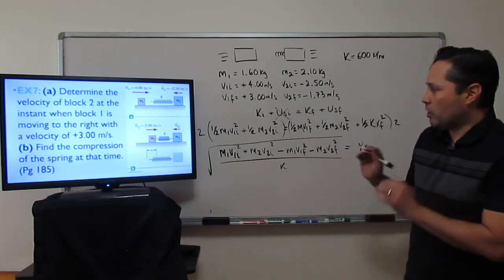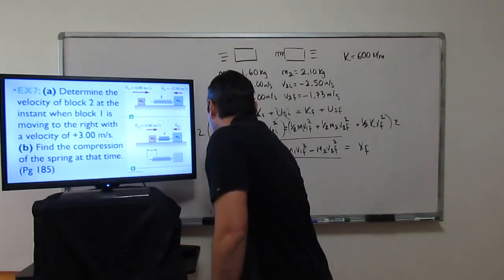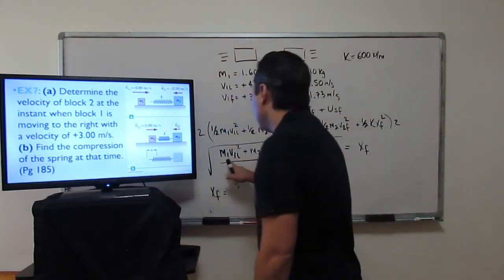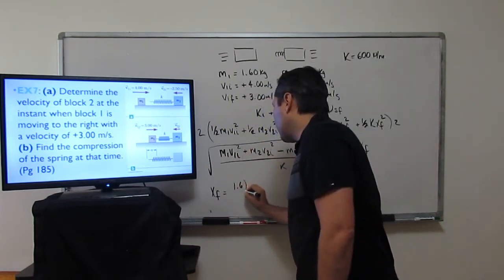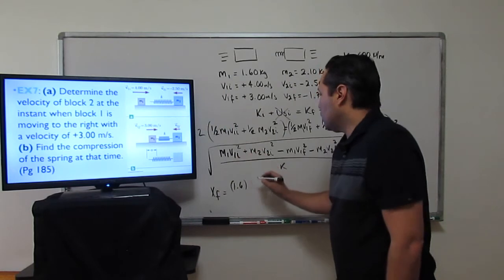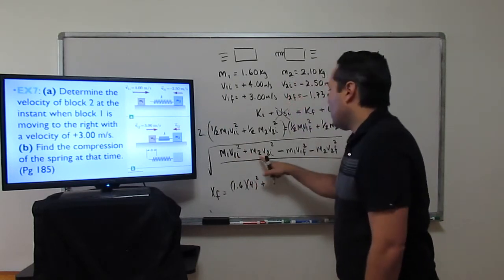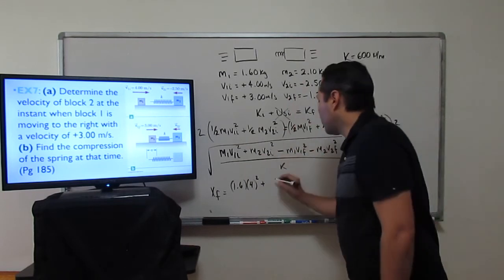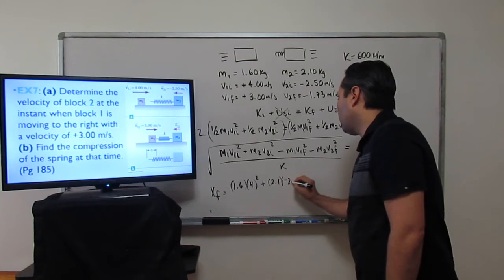What's next for us? Just plug in all the numbers and get the answer. The compression of the spring final is equal to m1 v1, so I'm going to put 1.6 multiplied times the initial velocity of 4, squared, plus m2 v2 initial, which is 2.1 multiplied times negative 2.5.